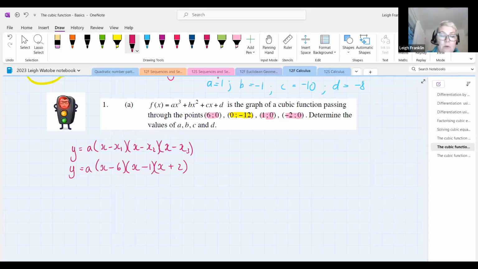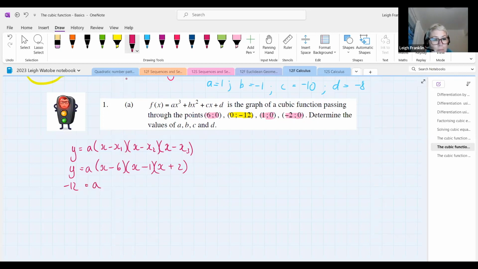Good. And what did you then do after that? I sub the point you highlighted in yellow. Good. And then y is equal to negative 12. Lovely.